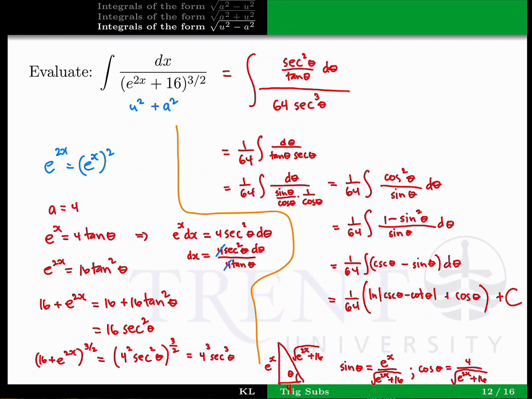Therefore, the final answer will be equals 1 over 64 times ln absolute value of the square root of e to the 2x plus 16 over e to the x, minus cotangent, that's 4 over e to the x.